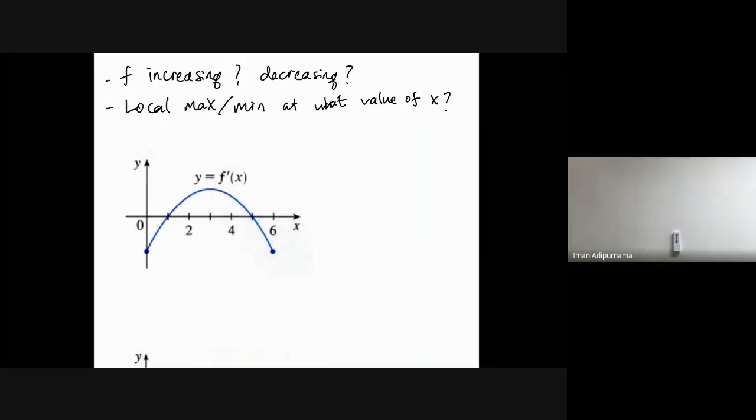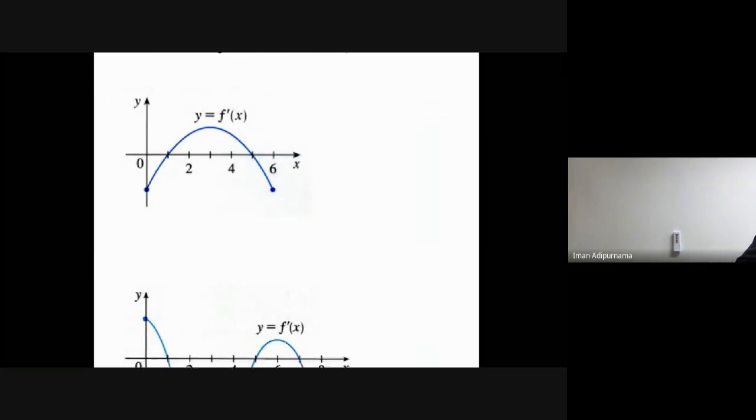You need to figure out which one is local max, local min. No need to check the value of max and min, just check which x. So there are only two questions: finding the increasing, decreasing, and finding the x that makes the graph have a max or min. So we have two graphs.